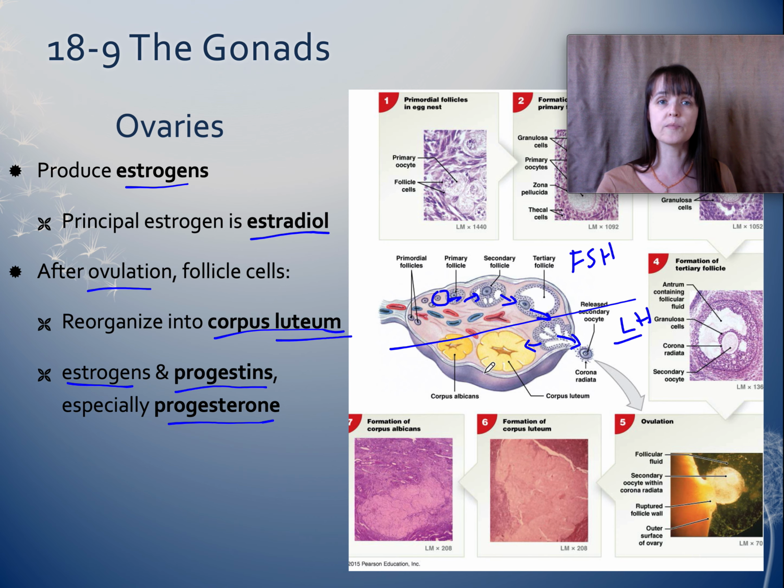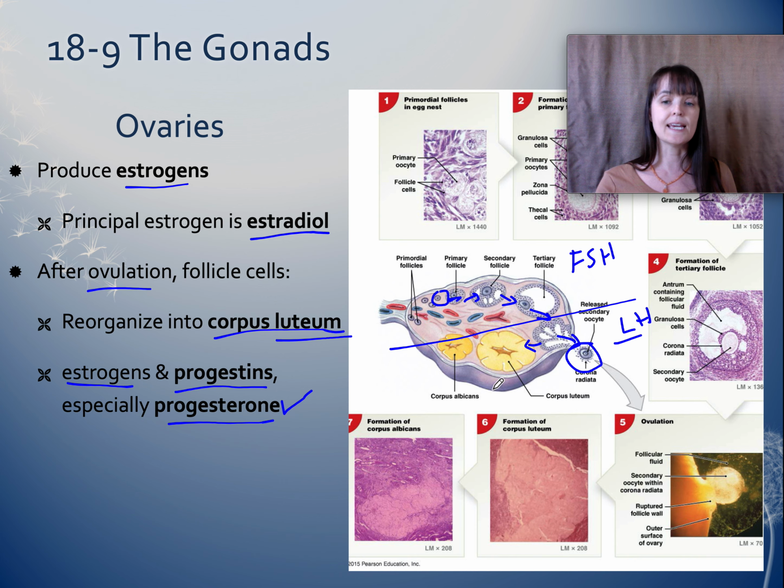It pumps out the hormones to maintain a pregnancy in case this ovulated oocyte is fertilized. Now, in the presence of pregnancy, the corpus luteum will continue to pump out the hormones to maintain the pregnancy until the placenta is developed enough to pump out those hormones. I'm talking mostly about progesterone here, the hormones to maintain the pregnancy.